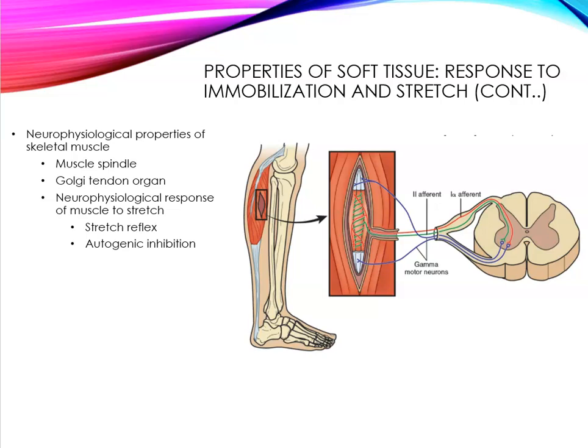However, secondary afferents, which would be type 2 afferents from the nuclear chain fibers, are sensitive only to sustained stretch. The primary and secondary afferents synapse on alpha or gamma motor neurons, which when stimulated cause excitation of their own extrafusal or intrafusal muscle fibers, respectively.